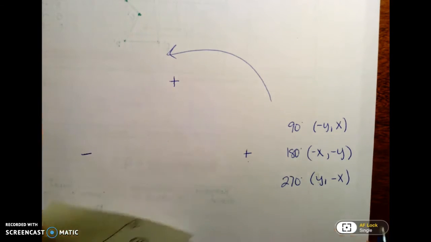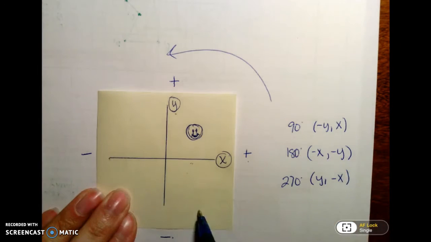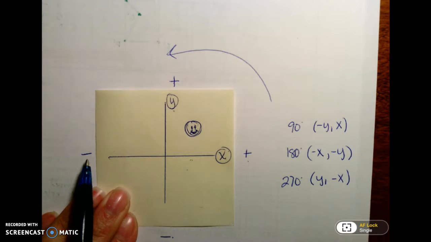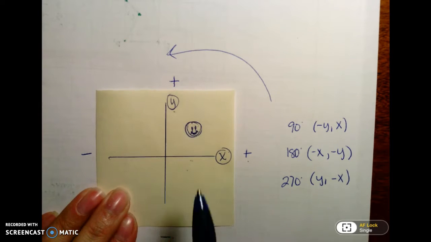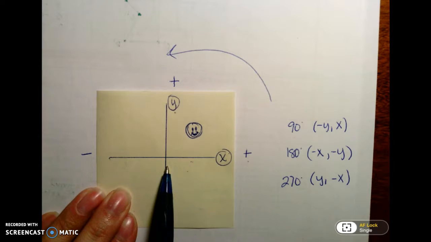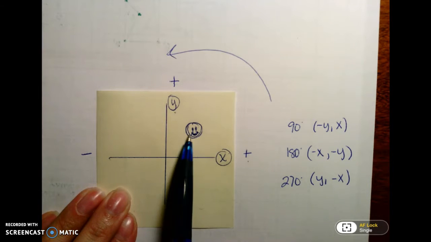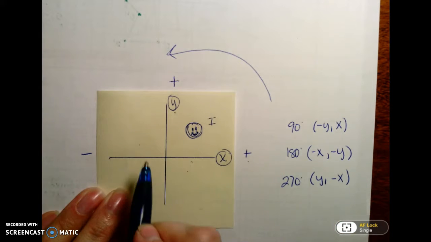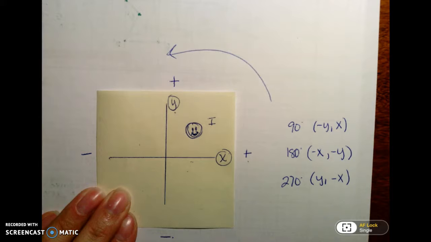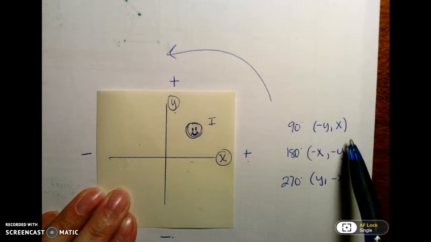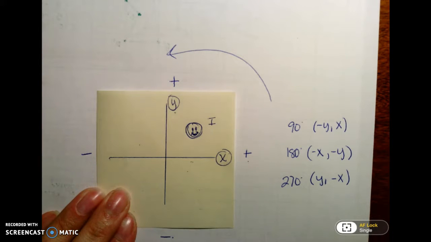So again, you started off with your normal coordinates: we have positive over here on the right, negative over here on the left, positive for up, negative for down, x-axis is horizontal, y-axis is vertical, and then I just put a smiley face in that first quadrant. And then we have quadrant 2, 3, and 4. Okay, and then I just rotated and looked to see what my horizontal, and then my vertical was giving me.